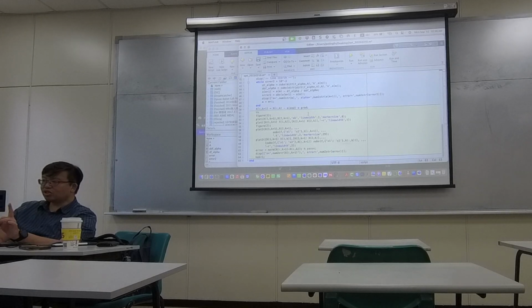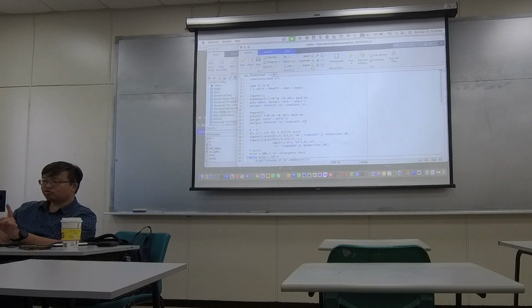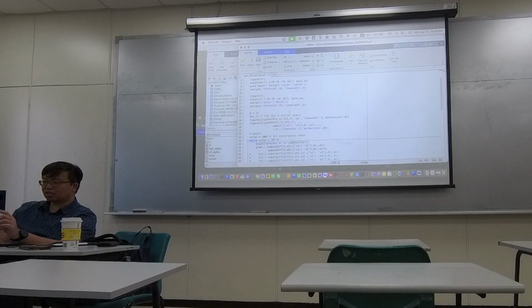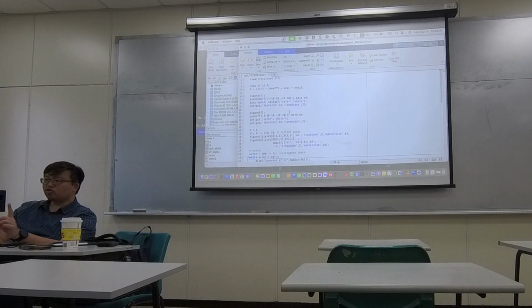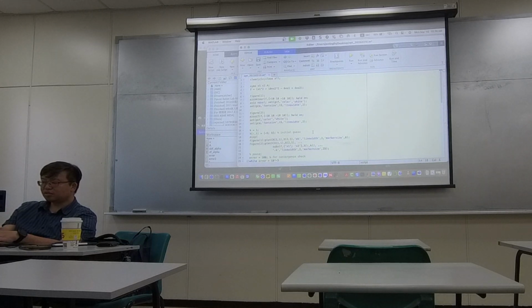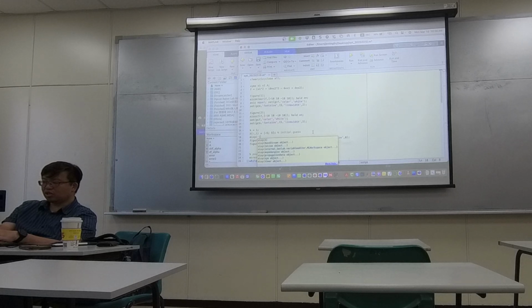And also initially, I want to show the initial guess. So maybe right after the initial guess, right here. So display initial guess x equals, and then just x1 transpose.